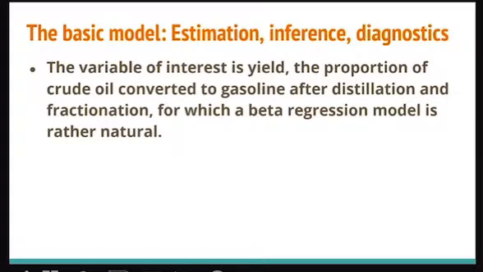What is the proportion of crude oil that gets converted to gasoline? Of course, the United States is the largest oil producer in the world. They convert the crude oil into gasoline, but it is not 100% of the crude oil that is being converted to gasoline. Because of that, we're talking about proportion here.